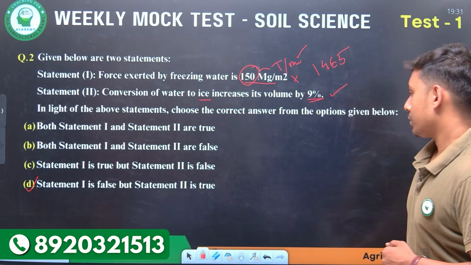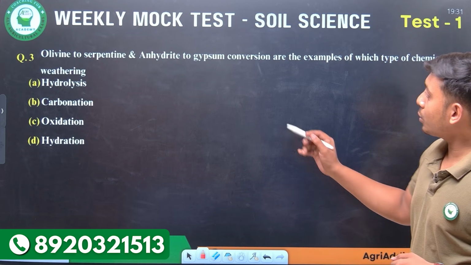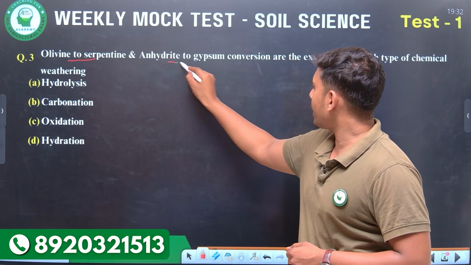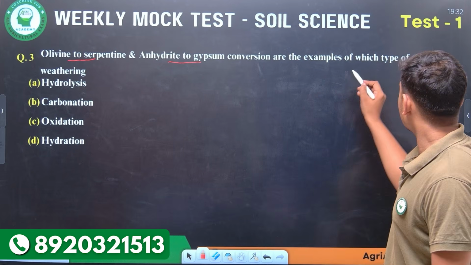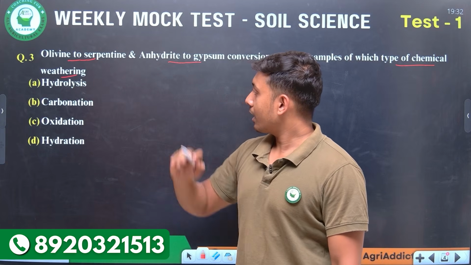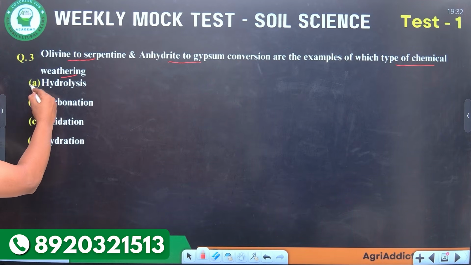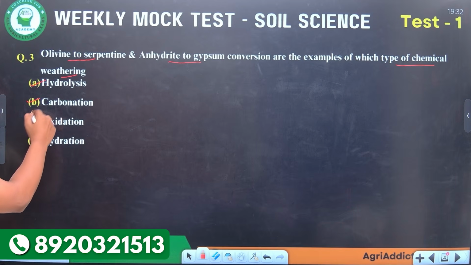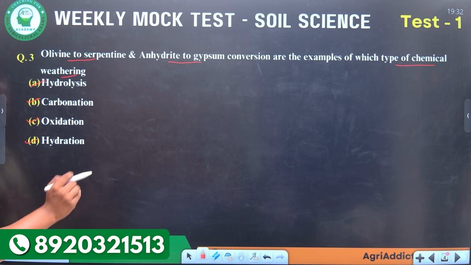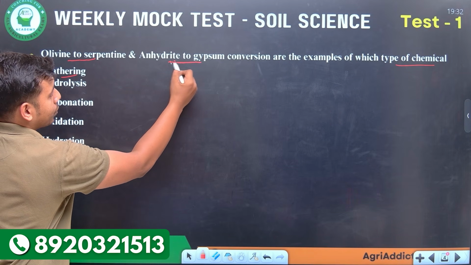Okay, now come to the next one: olivine to serpentine is one conversion, and anhydrite to gypsum is another conversion. These are examples of which type of chemical weathering? The options are hydrolysis, carbonation, oxidation and hydration. In both cases we have to remember the answer: whenever it comes to anhydrite to gypsum, this is a key clue.